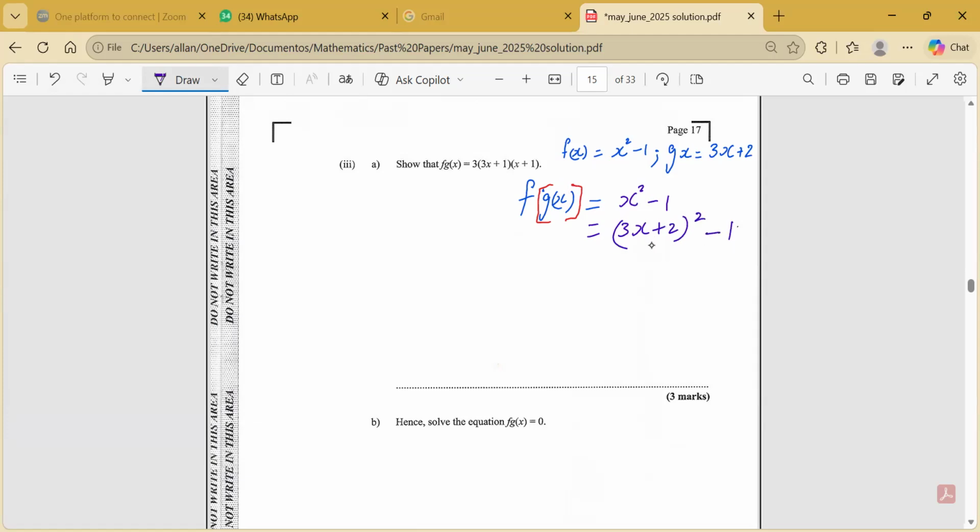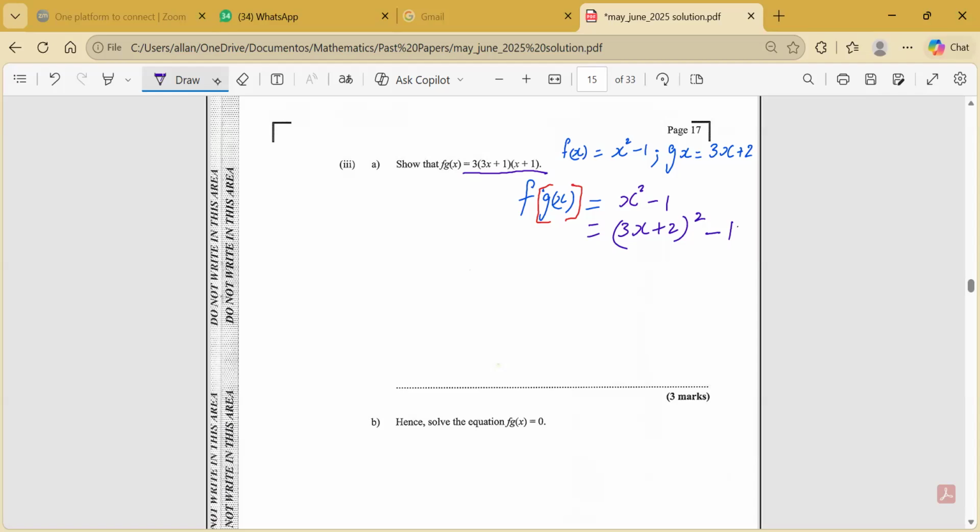So expand the bracket, square this out, minus that, factorize, and you're supposed to get this. Go ahead, people. Let's do it.